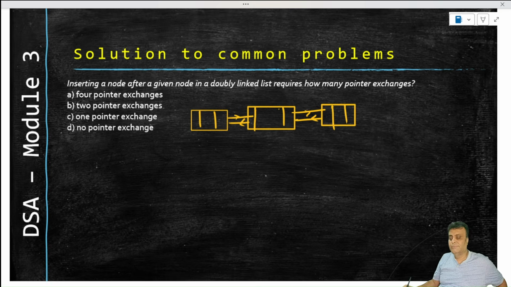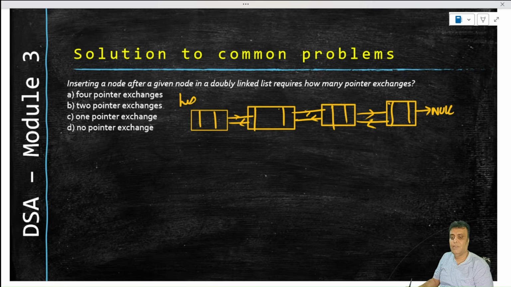Let us do one more node, and then this becomes null. We have this pointing to the previous node, and we have a head here which is pointing here. So that's our double linked list.